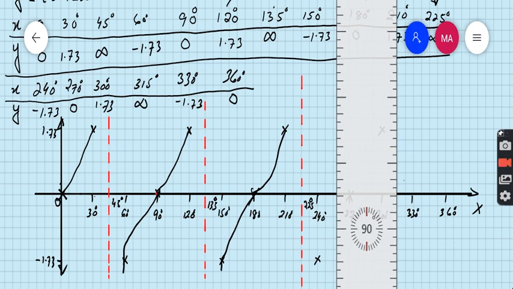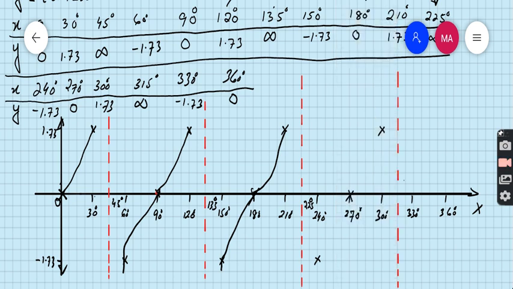Sorry, it was my mistake. Join these 3 points. These asymptotes cannot meet at any point.